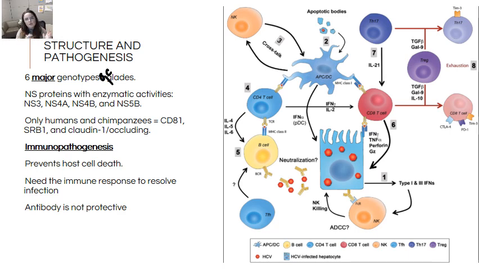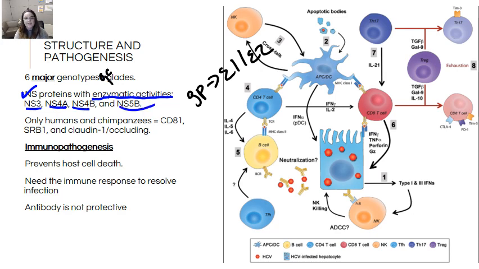Okay, so there are 2 glycoproteins, E1 and E2. The rest of the proteins tend to be non-structural proteins, okay? And the fact that they're non-structural makes them seem like they're not important, but they're actually really important because they have enzymatic activity. And that's really important for efficient viral RNA replication. So NS3, NS4A, NS4B, and NS5B.